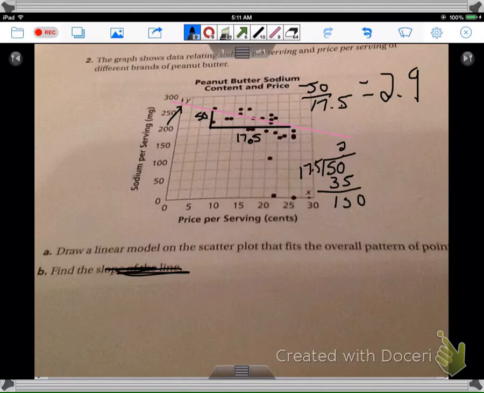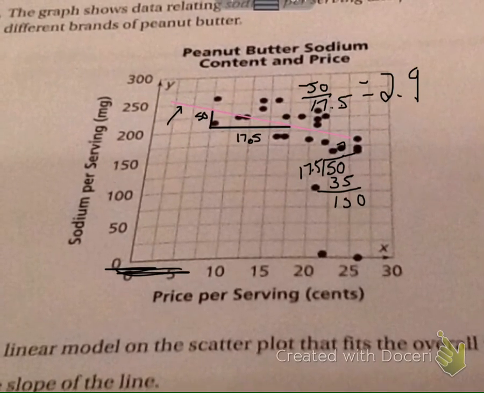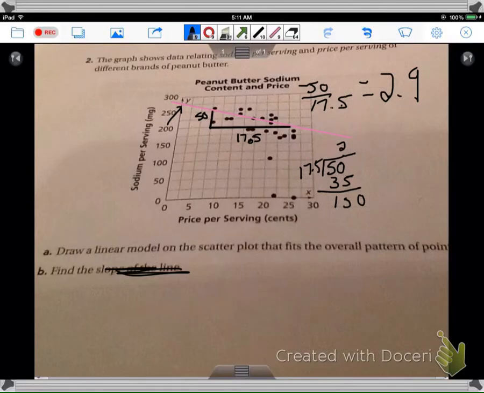So I will look at my graph a little more closely again. And I'm noticing that it's above 275, I'm going to say maybe 280.